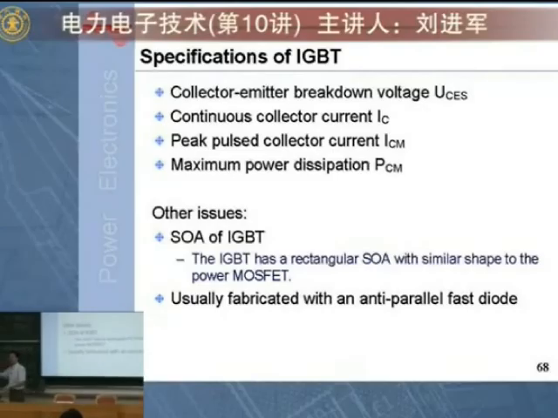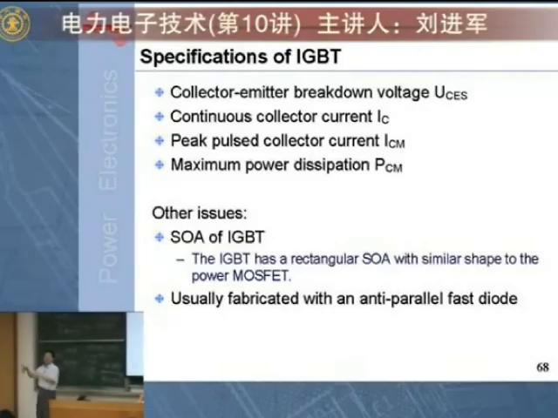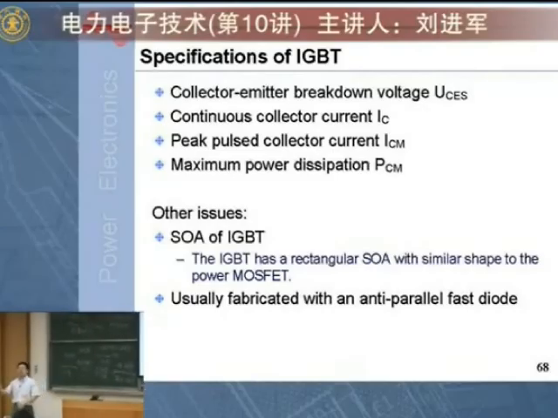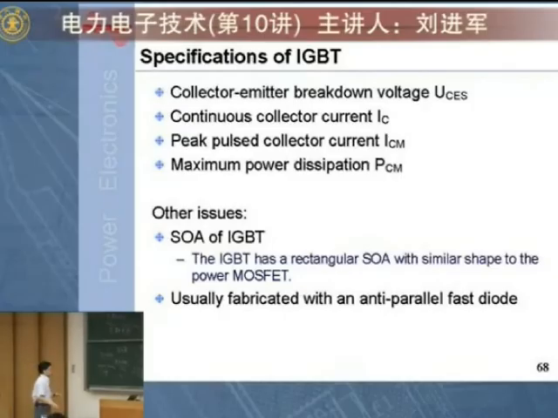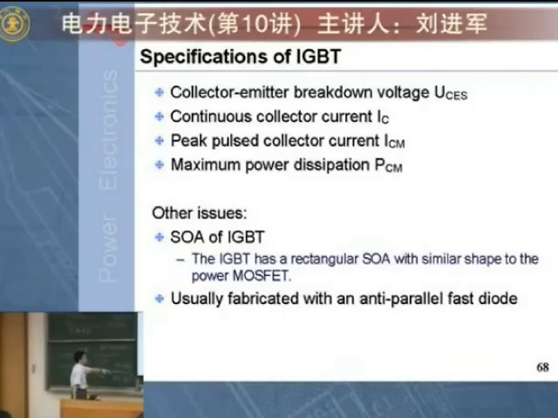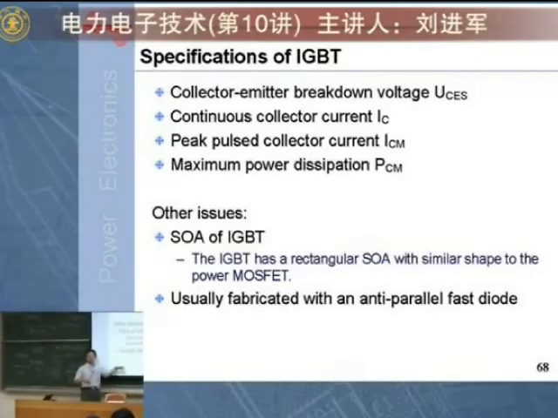Remember, for power MOSFET, you always have a body diode. But IGBT does not have a body diode. Okay? But very often, when you buy an IGBT from the market, manufacturers of IGBT always manufacture another diode side by side with the IGBT.